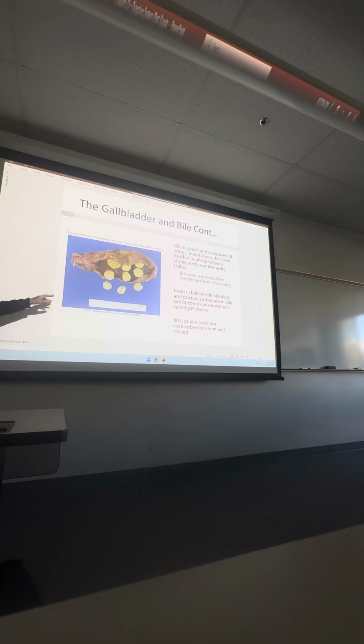So bile is great when it's working well and our gallbladders are working well, but bile can also develop into these little nasty concretions. They're not even all balls, but they are bile salts, a combination of cholesterol and some calcium.